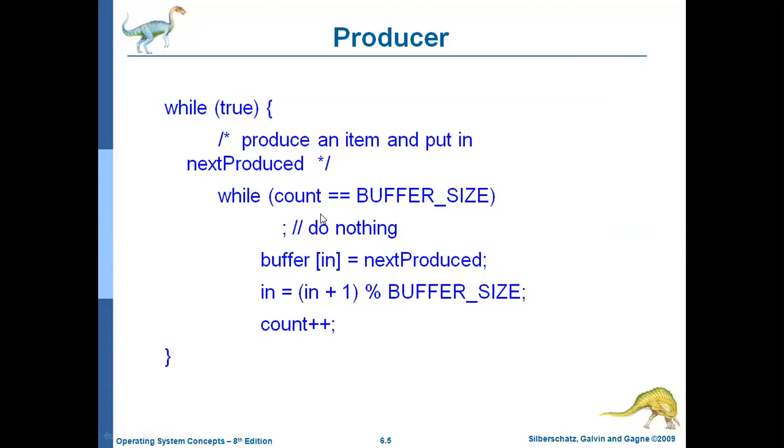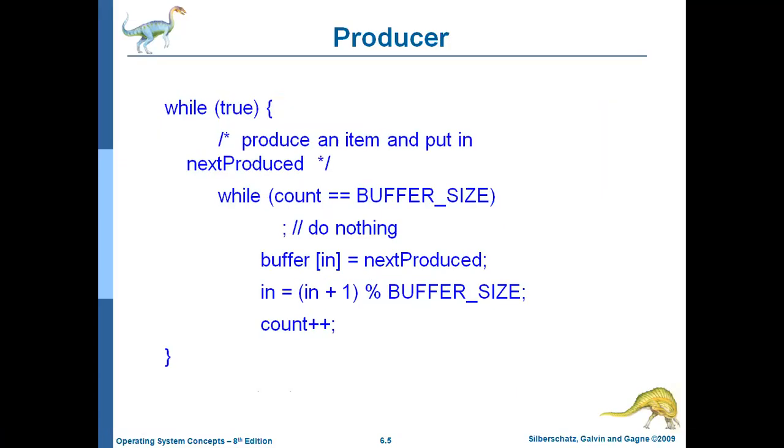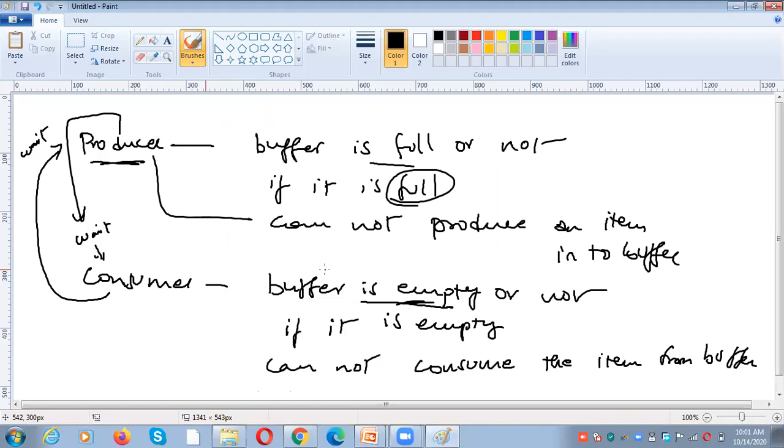Here you need to understand three things. The count value is 0, in value is 0, and out value is 0. You remember these things, otherwise you cannot understand the topic. Here you need to maintain some initial information: count equal to 0, in equal to 0, out equal to 0, and the buffer size is 5.